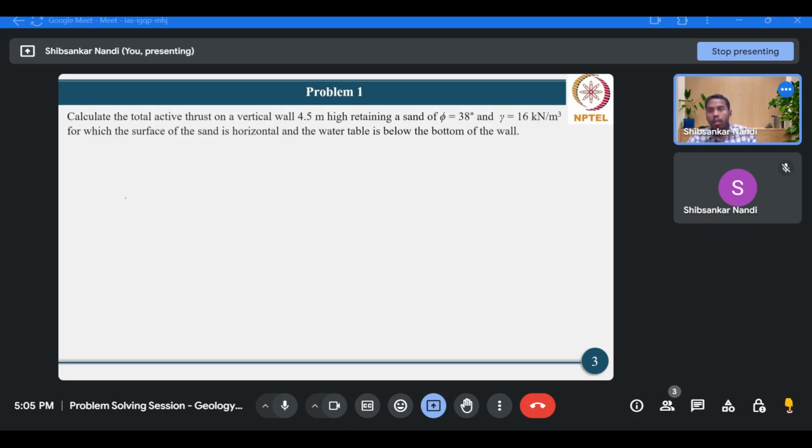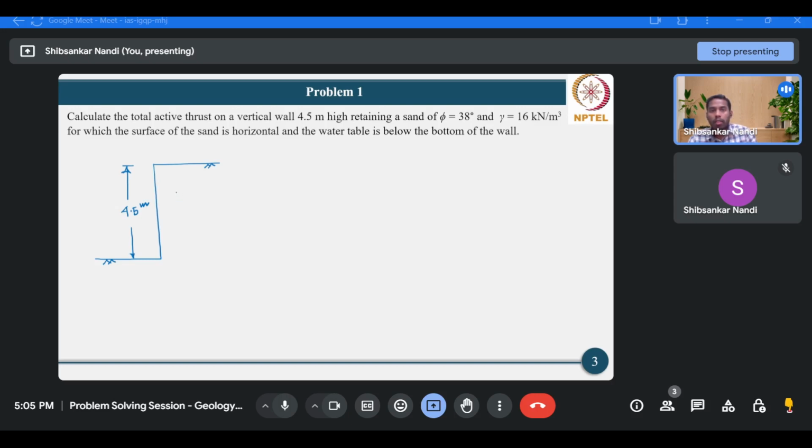First we'll draw the problem geometry. This is the retaining wall, and the height of this wall is 4.5 meter, and it's retaining a sand of horizontal top surface.